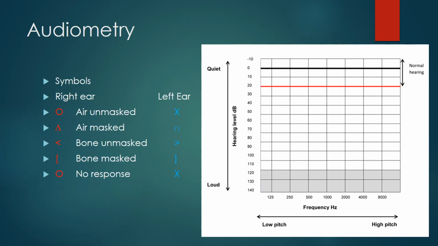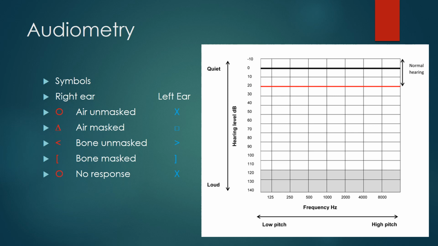On the next slide, there are some links to tuning fork tests, which are clinical exams that you can do in any setting that doesn't have too much background noise, and they will help you to differentiate between a conductive hearing loss and a sensory neural hearing loss.